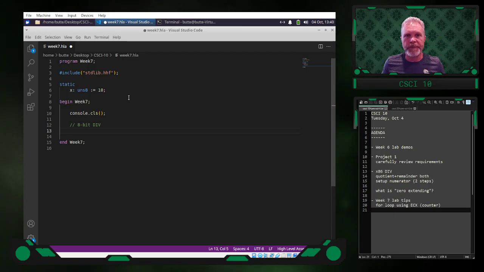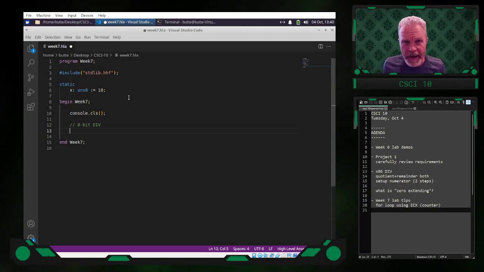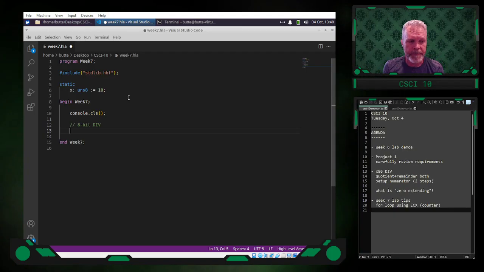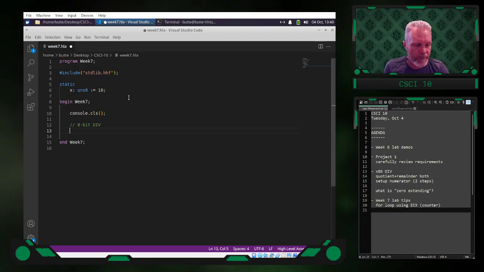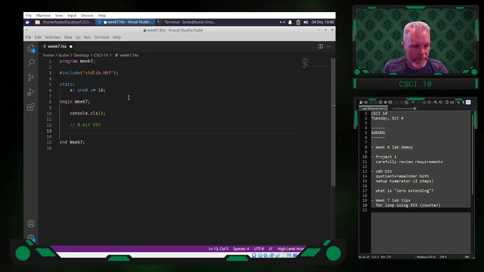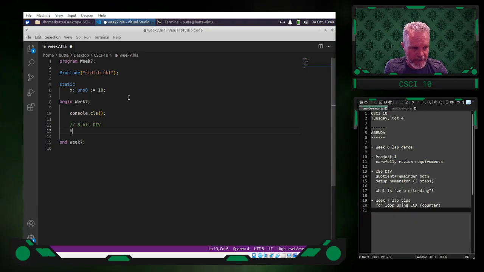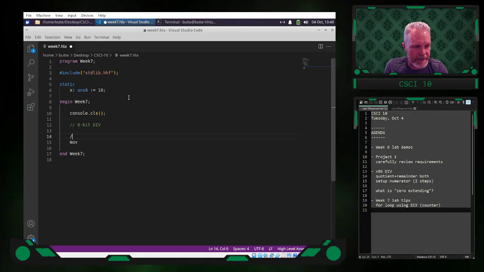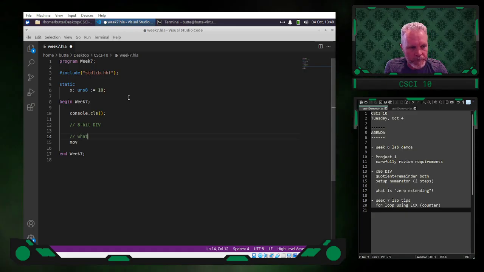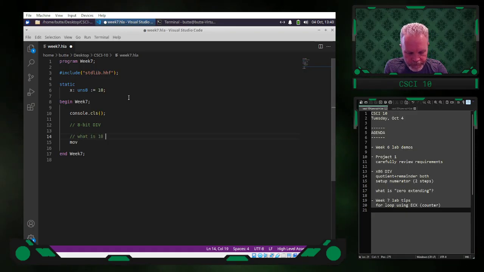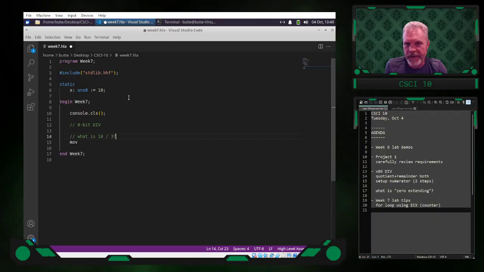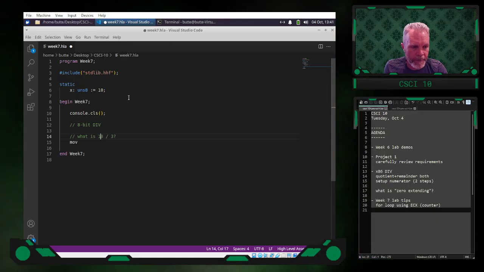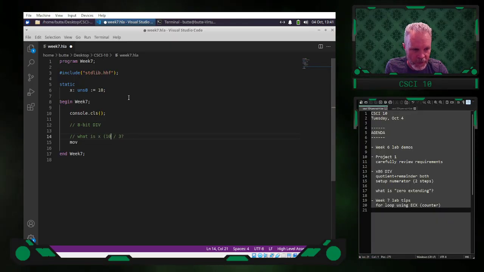Okay, so how do we set up to do division? We're going to set up the numerator first. So we're going to say the problem we want to do is, what is 10 divided by 3? Let's say x is currently 10.